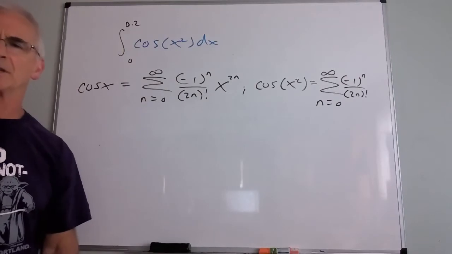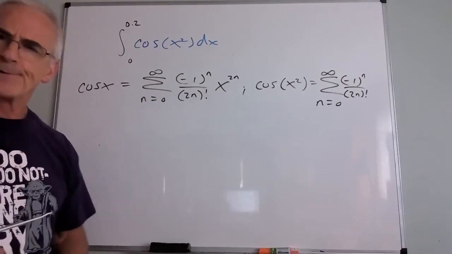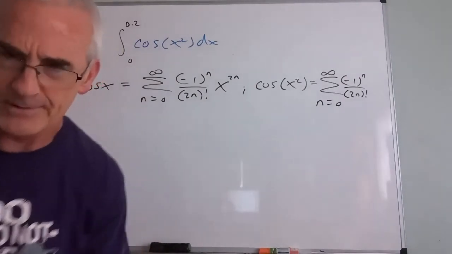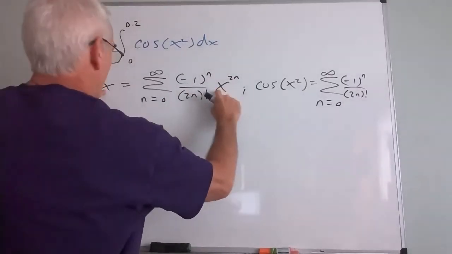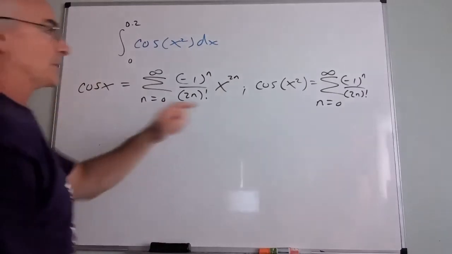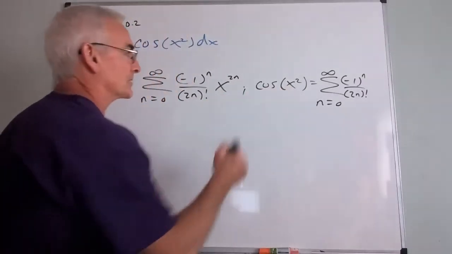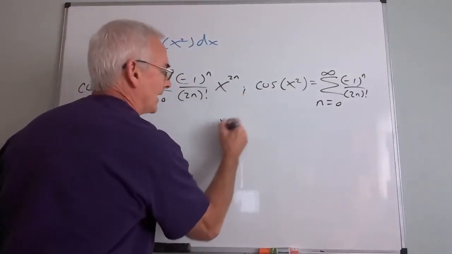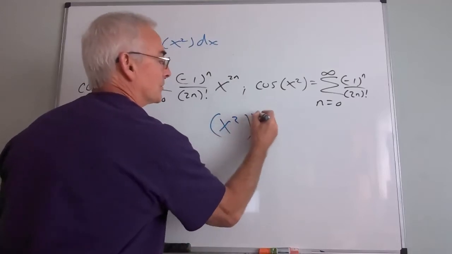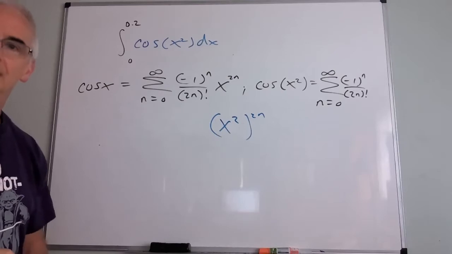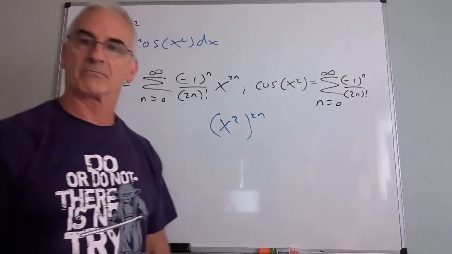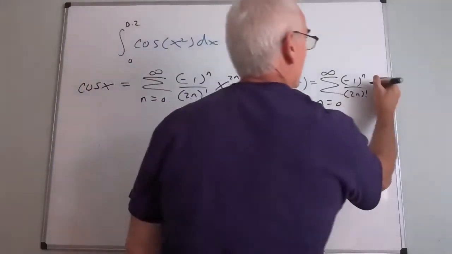What's going to go in this place? So the tweakage rules, that x goes right there. But now this is going to be an x squared. So technically what's going to go there? X squared to the 2n, which is what? X to the 4n.